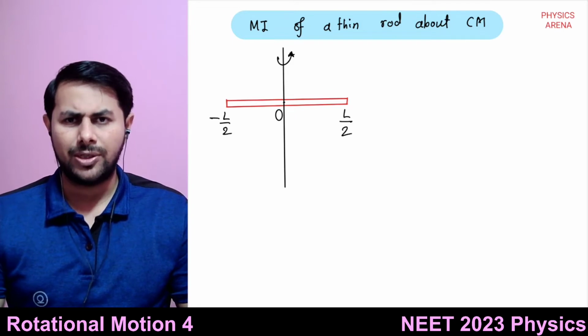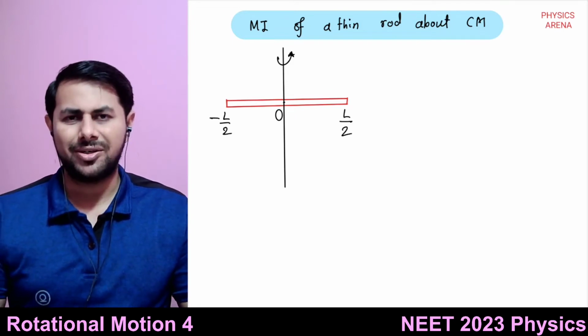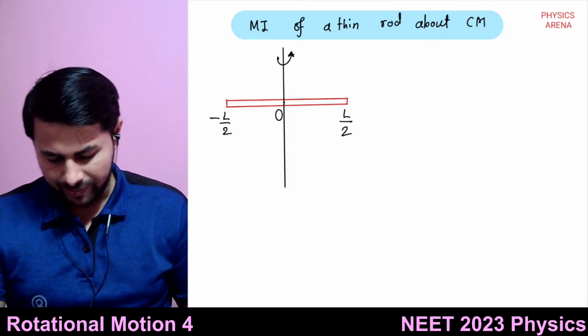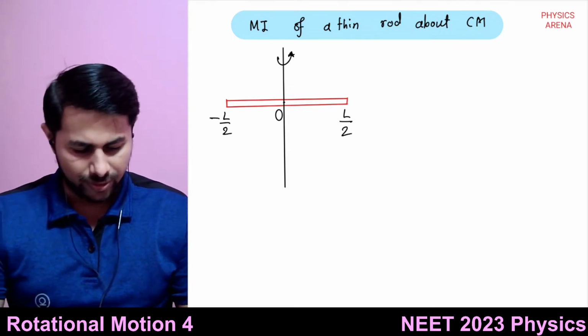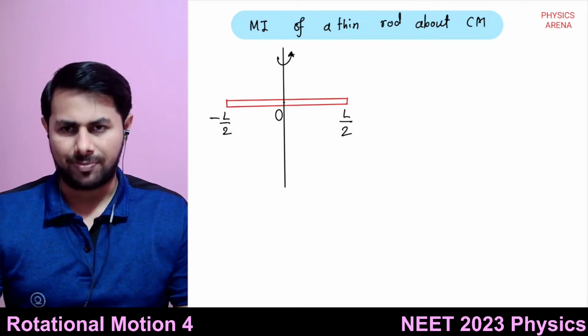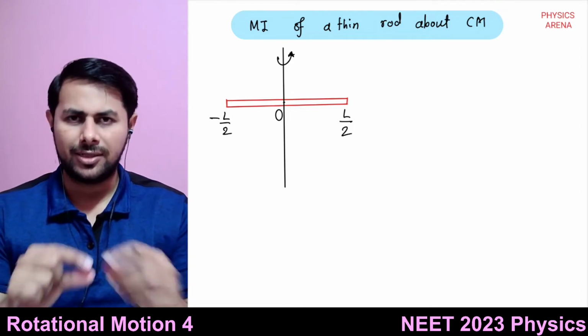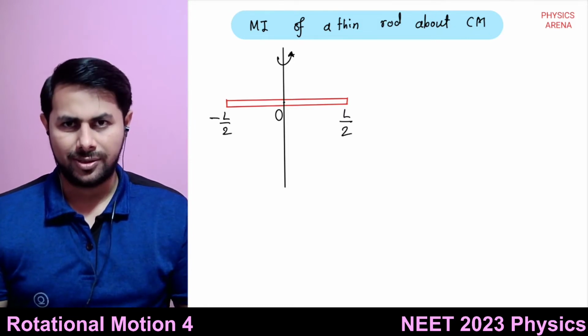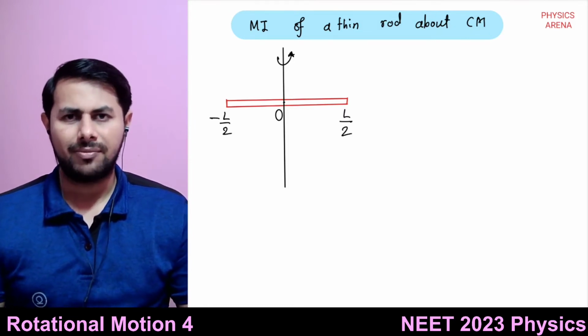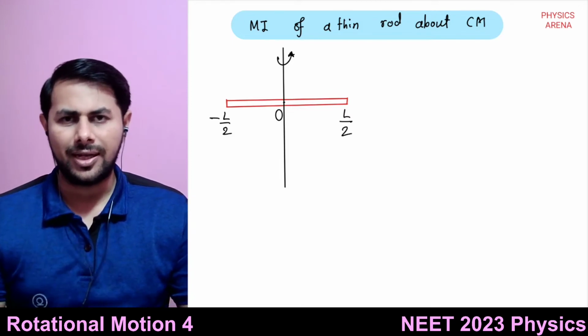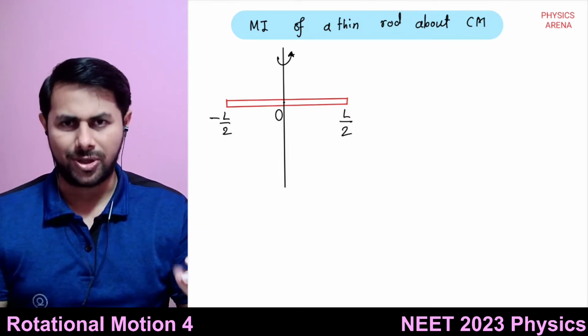Okay, so what do we do? We have solved a similar problem, right? Not for moment of inertia, but earlier when we discussed the center of mass. We consider uniform mass distribution, that the mass of this rod is uniformly distributed all over the length of the rod, because this is a linear body.